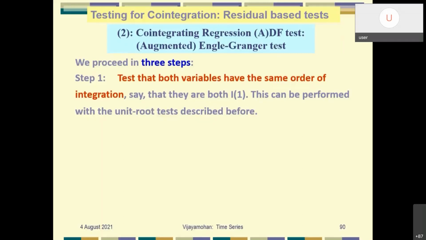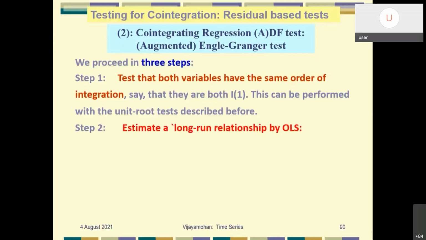All the variables that we consider must be either I(1) or they all must be I(2) and so on. So the order of integration must be the same. That is one limitation of the JJ test, and it is so with the residual based single equation test also. So all the variables must have the same order of integration. This we can do with the unit root test.